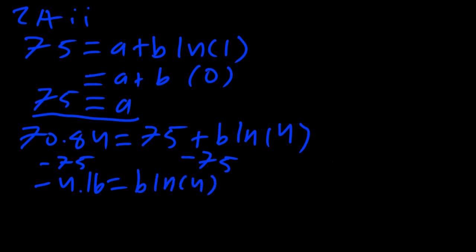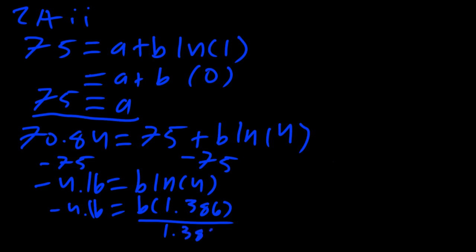Then we can evaluate the natural log of 4. We're going to round it to 3 decimal places like always. So natural log of 4 is equal to 1.386. Then we can divide both sides by 1.386.